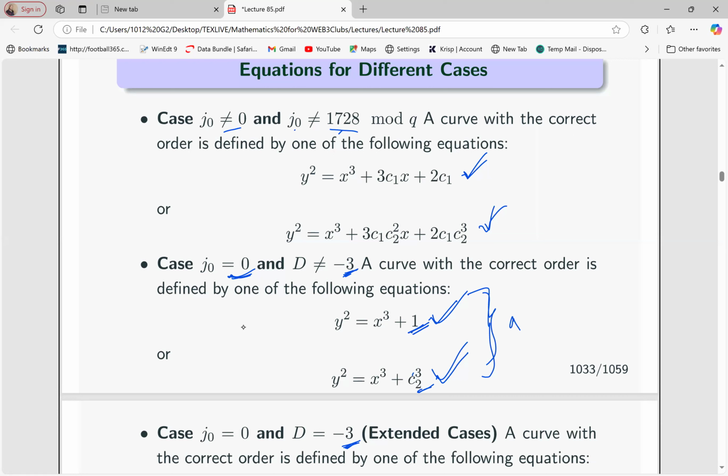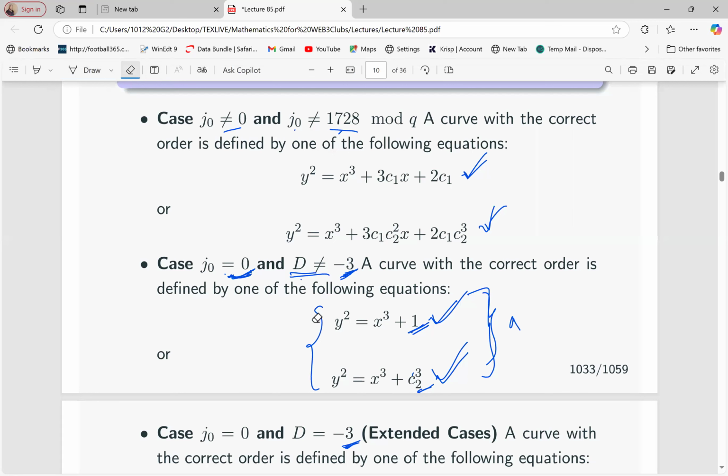So that is a case where your J invariant is 0 and D, which we calculated above, we began by calculating D. So when J naught is 0 and D is not -3, then your equation is supposed to be one of these.